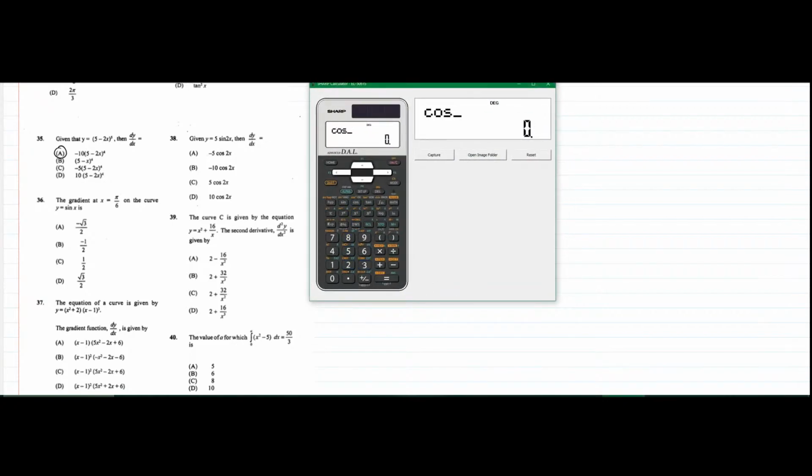Or pi on 6, sorry. Pi on 6 is 30 degrees, and cosine of 30 degrees is a half. Check it over: cosine of 30 degrees is root 3 on 2.